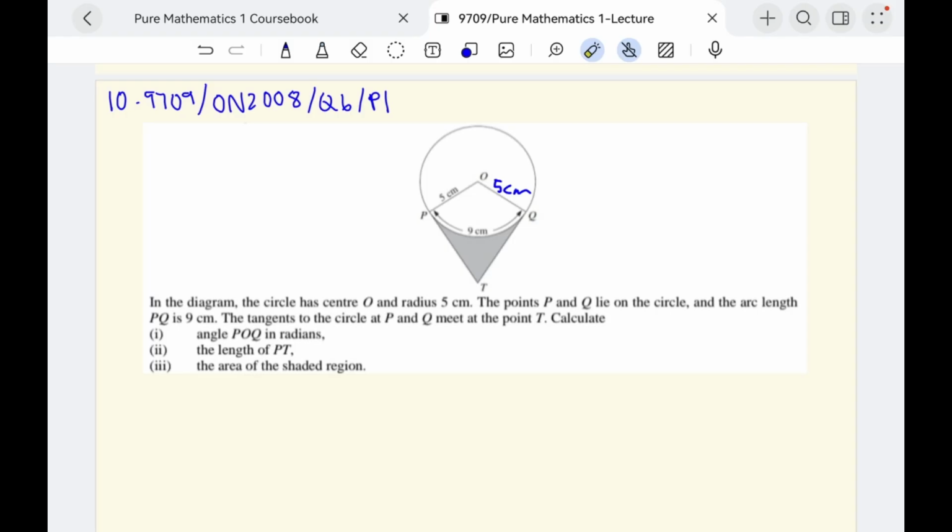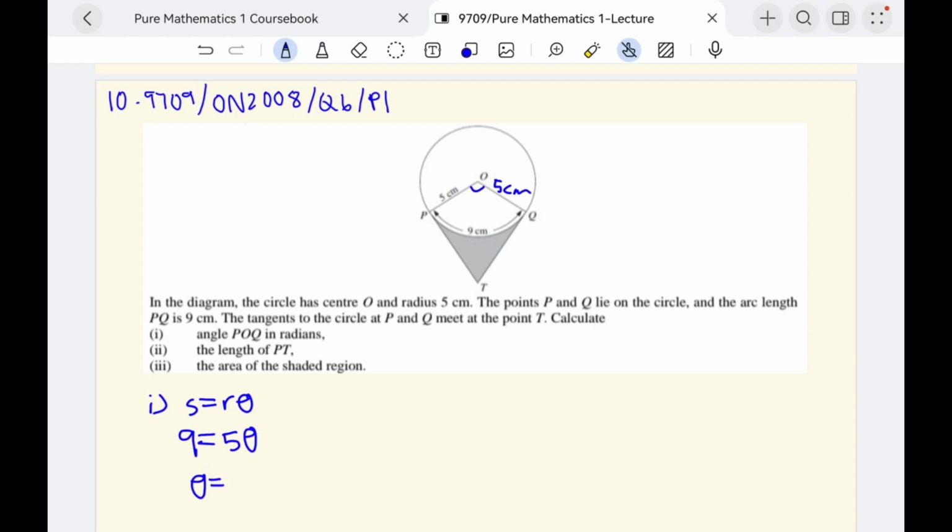Okay, calculate the angle POQ in radians. To find the angle over here, what should you do? It is definitely very easy because you just need to use the formula s equals r theta, where s is the arc length, which is 9, r is the radius, which is 5, and theta is the angle POQ that we are looking for.